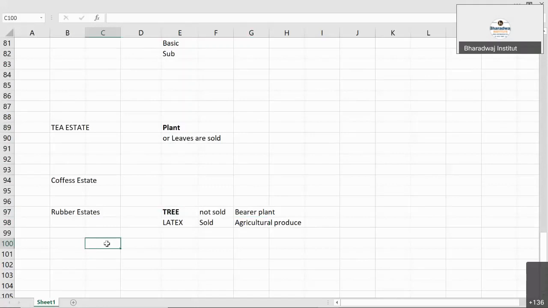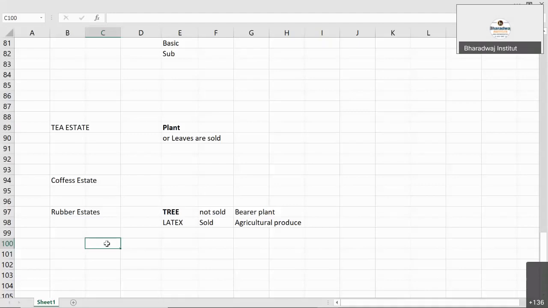What about paddy fields? Will they come under bearer plant? No. Why? Because plants are less than 12 months. The cultivation period is less than 12 months. After that, the plant dies.